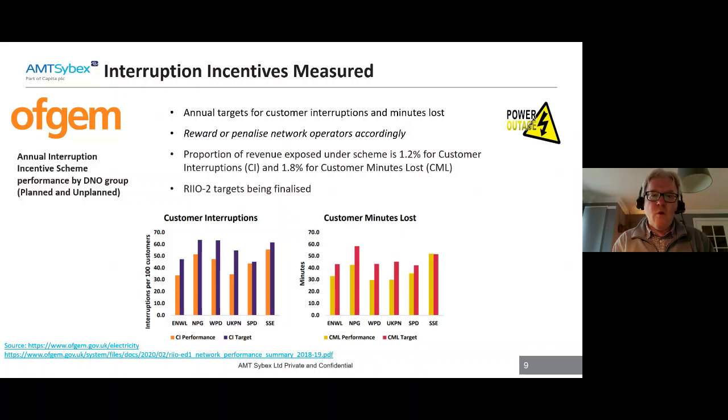However, we don't know what the RIIO-2 targets are, so this gives us the opportunity to exceed the targets again if they're the same, but also if the targets are more aggressive, there is more of a challenge in order to have the same performance as we've seen previously. So the interruption to supply module for Geofield allows the DNOs the ability to try and reduce their affected customers and the number of minutes that are lost, thereby increasing their rewards.